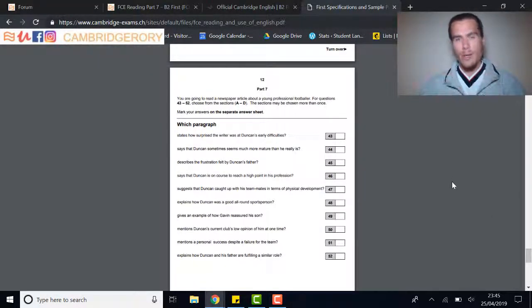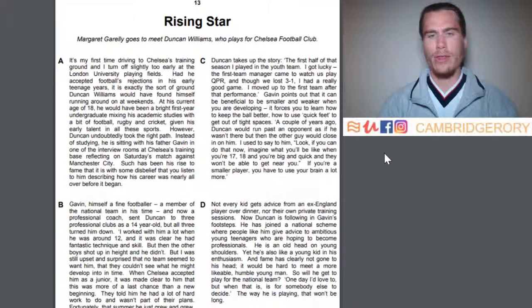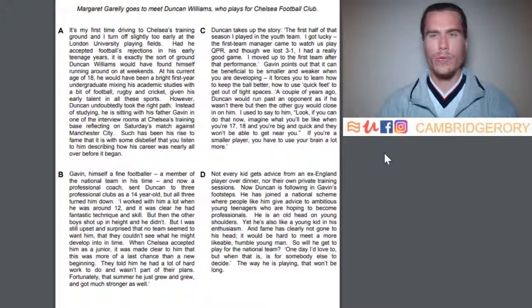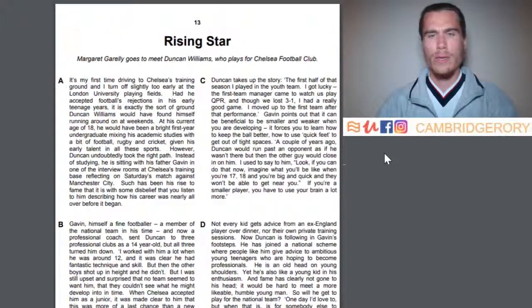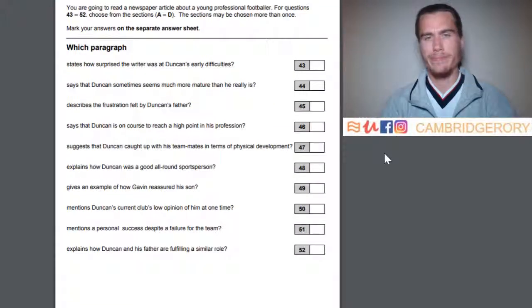And so this is what part 7 of the reading paper looks like. You have 10 questions and they are based on these 4 passages below. So we need to choose which of these passages best suits each of these questions above.